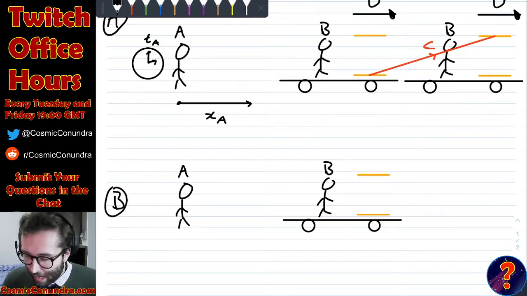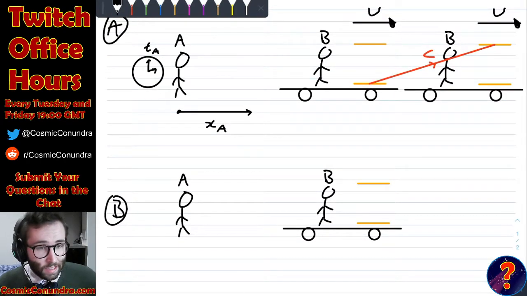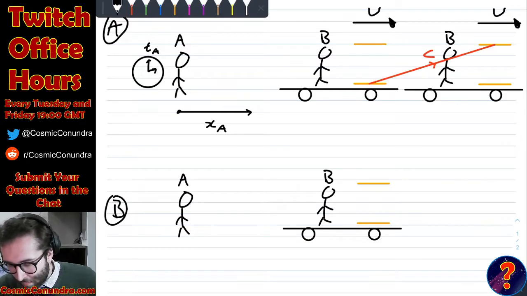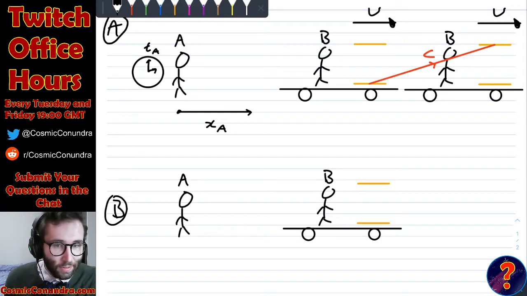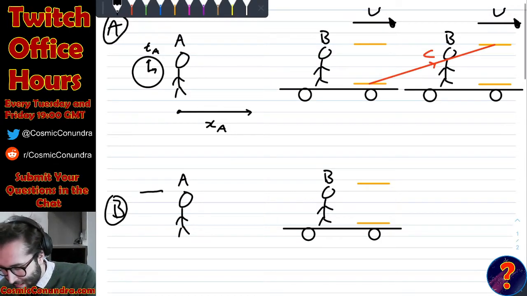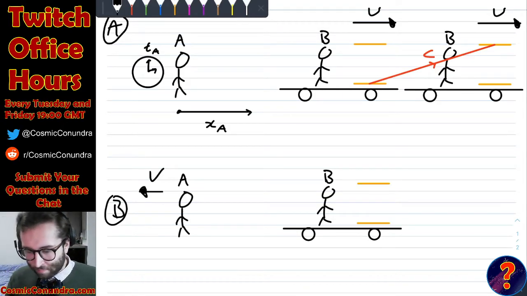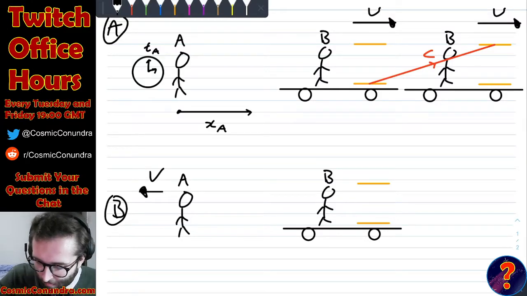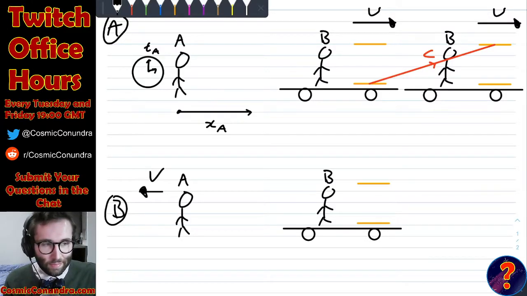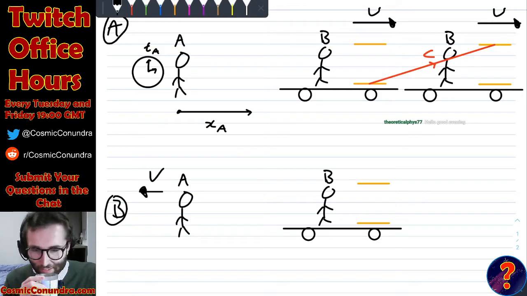So just as A can say, I'm standing still and B is the one moving off to the right with a certain speed, B is just as correct in saying, actually, I'm standing still, and it's A that is whizzing off to the left with some speed v. There's no distinction between the two. Neither one is more right than the other.